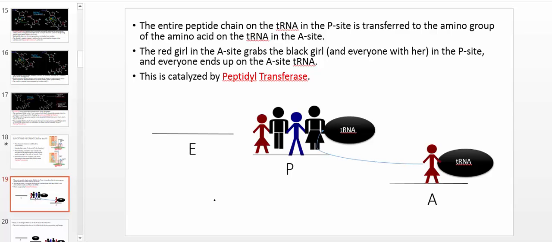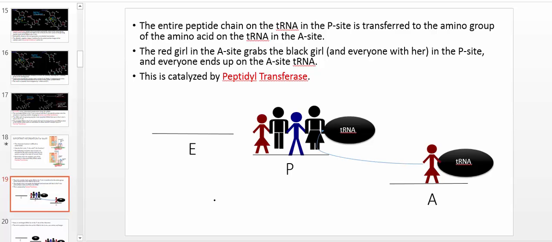I've represented the amino acids as people, and I put the tRNAs as little black ellipses with the word tRNA in them. So here's the idea. Let's say that in the P site, we start a cycle with 4 amino acids, where this black girl is attached to the tRNA, and on her other side, she's attached to the other people, or the other amino acids.